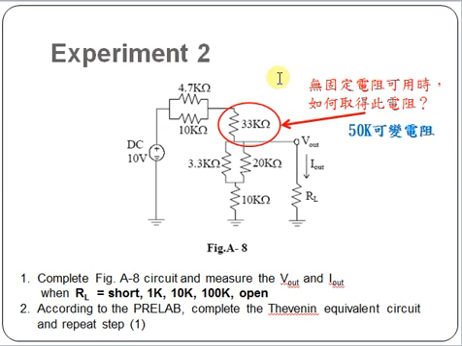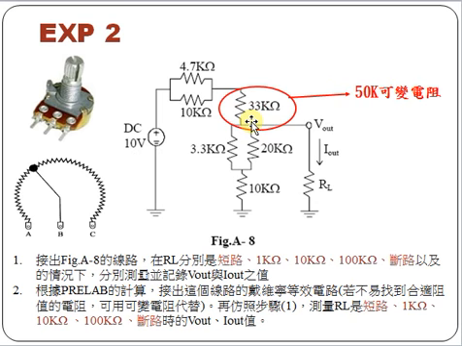Experiment 2. First, you have to construct this circuit, but there is some resistor value that you do not have, for example, this 33 kilo ohm resistor. Take a variable resistor of 50k ohm and adjust it to the desired value.